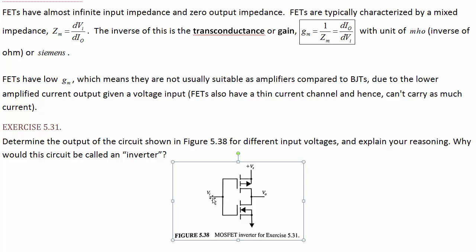Let's suppose that the input voltage is 0. So if the input voltage is 0, that means that this MOSFET has 0 volts at the gate relative to the source. So it's off. It's got a very large resistance there. On the other hand, what's the voltage at the gate of this MOSFET relative to the source?